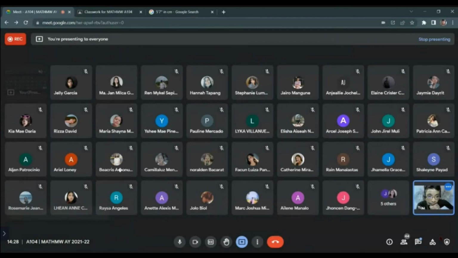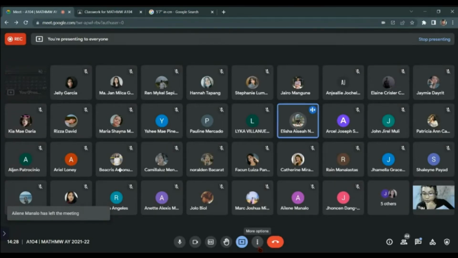Come again? Left side po. Left side? Is it left side? Right side po. Elisha? Why? Since taller po yung hinahanap po. Okay, we're looking for taller pa din.